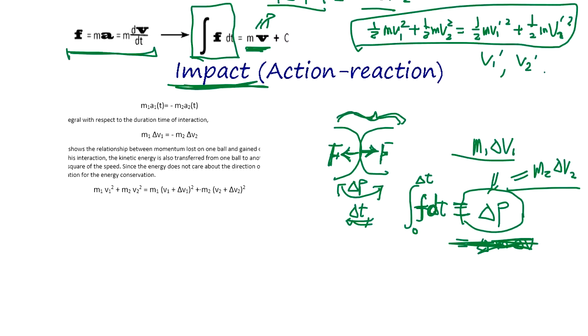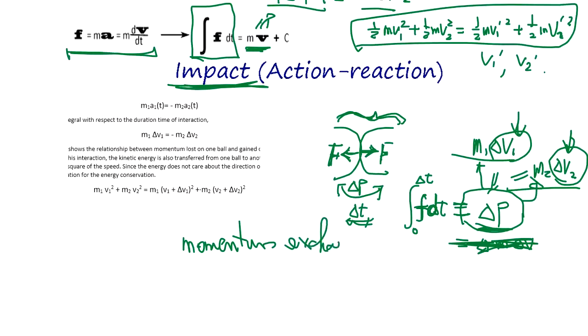Whatever you give, you receive, which is delta P. And depending on the mass, the speed difference, delta v, is going to be different. That's the cause of impact, the momentum exchange.